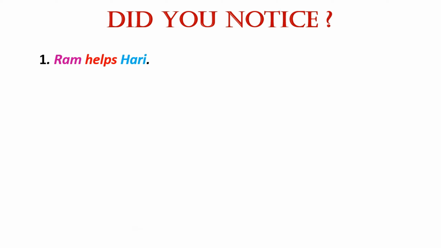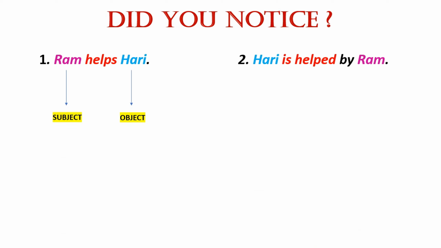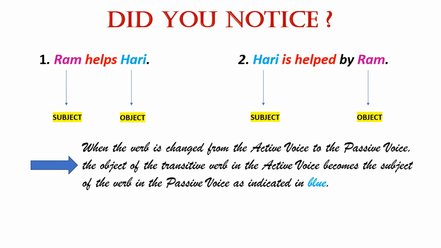Did you notice something? In Ram helps Hari, Ram is the subject and Hari is the object. In sentence 2, Hari is the subject and Ram is the object. So when the verb is changed from the active voice to the passive voice, the object of the transitive verb in the active voice becomes the subject of the verb in the passive voice, as indicated in blue.